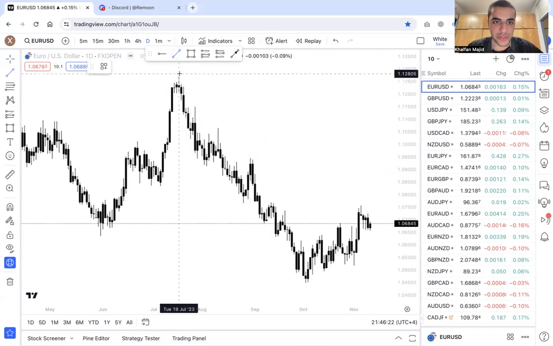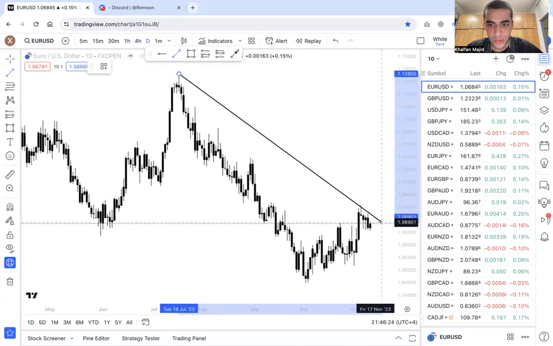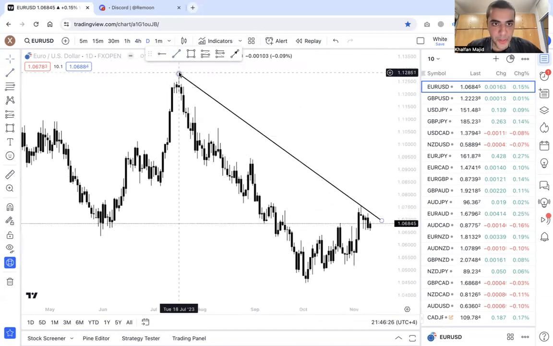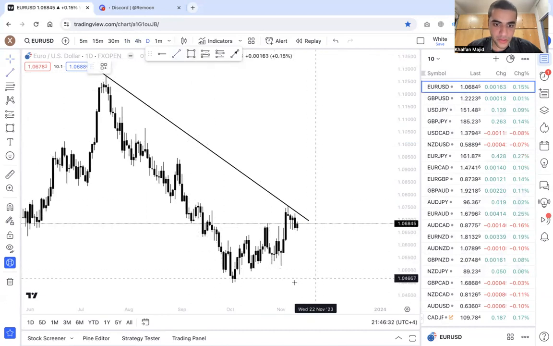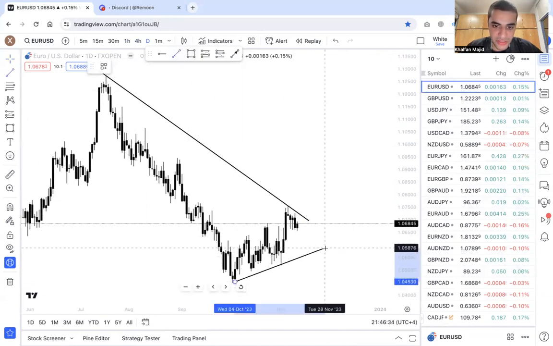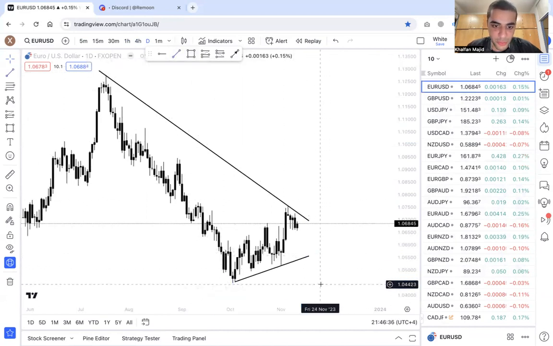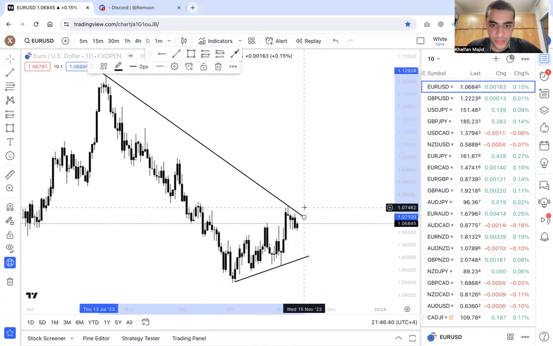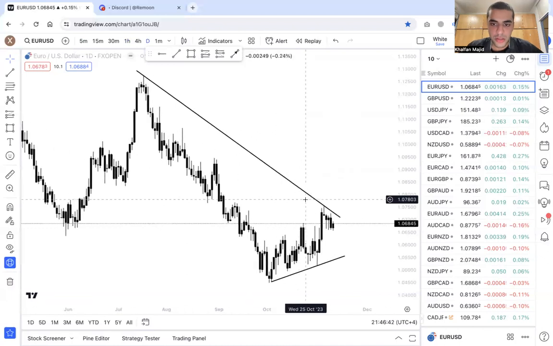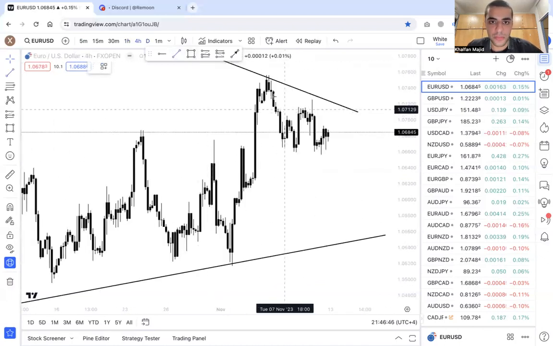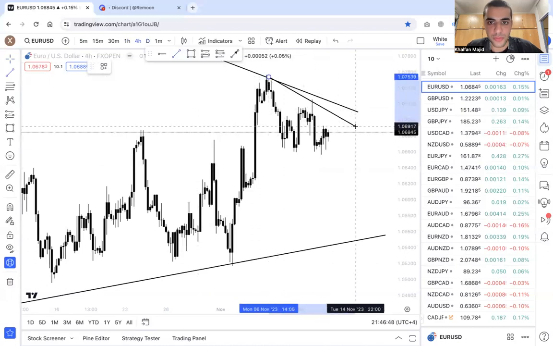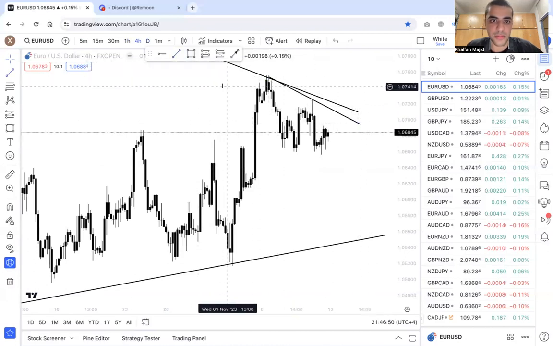Then I just draw trend lines. At the beginning I go through all these pairs and draw the daily trend lines, because I always want to have an idea where the price is going, where the price movement is moving. Okay, we go to the lower time frame, H4.